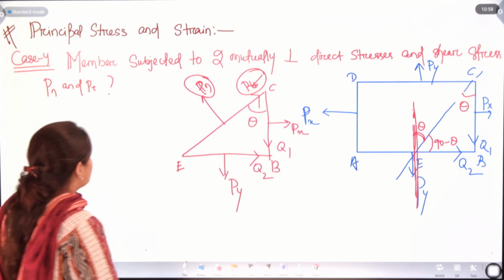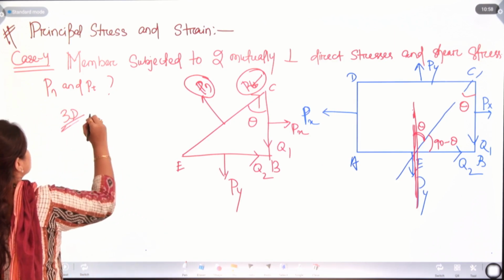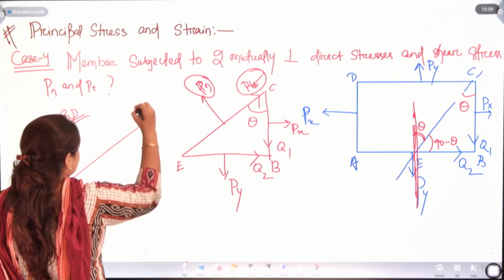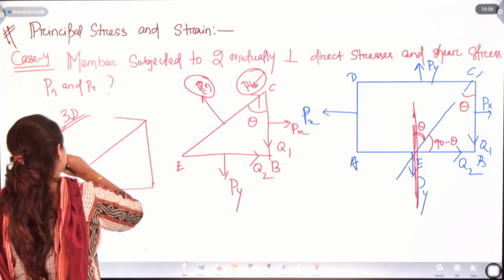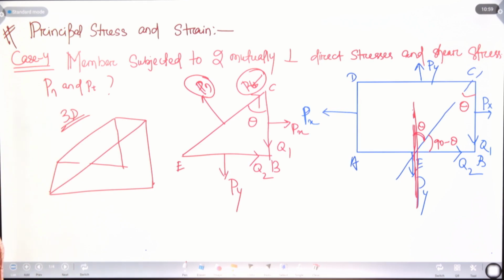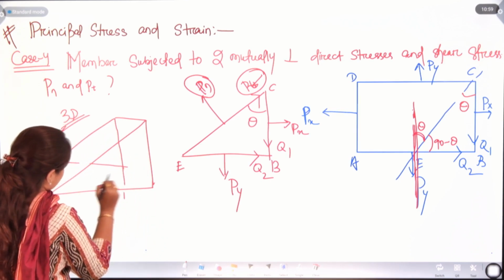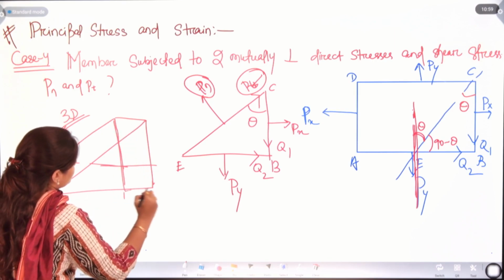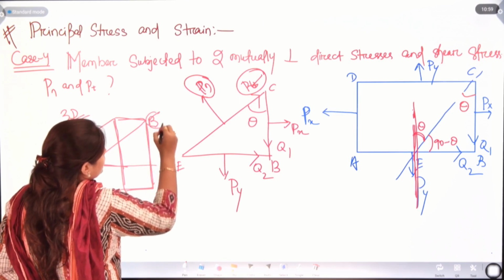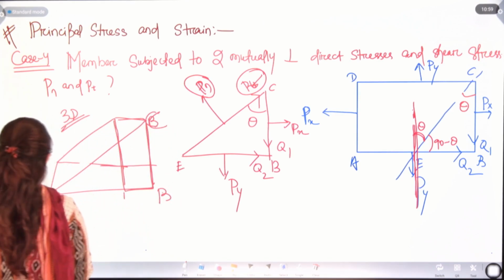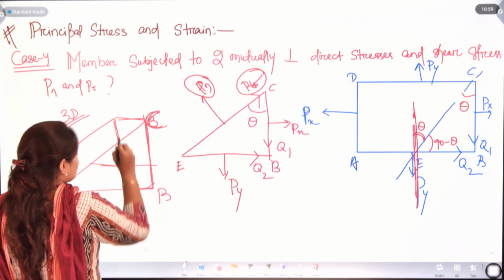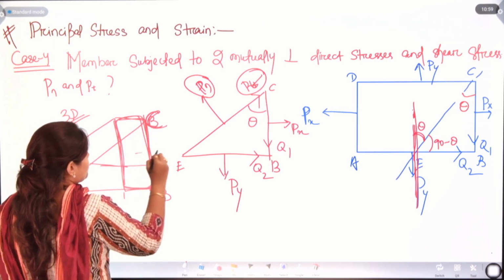Here, if we just draw the 3-dimensional view of this triangle, you can see here this plane is, sorry, here you have C and B, here E. So, this BC plane is for force Px, right?